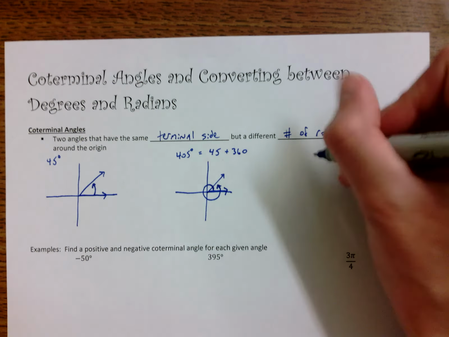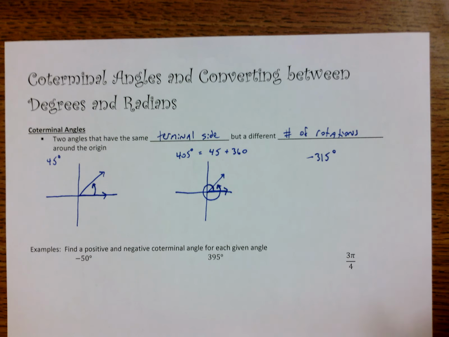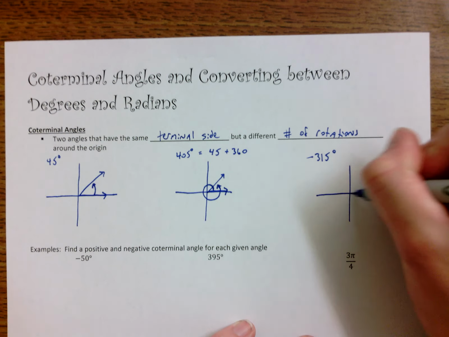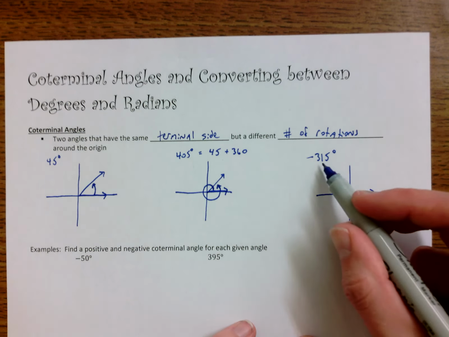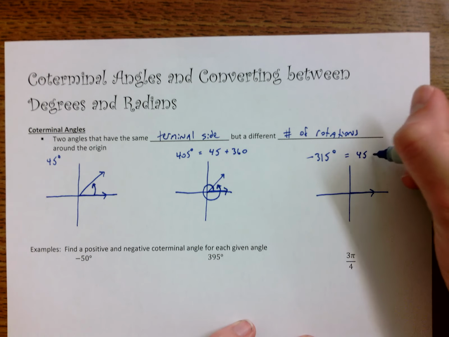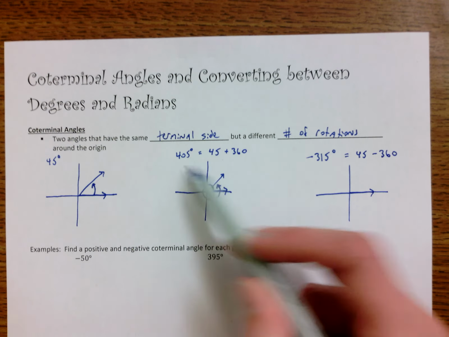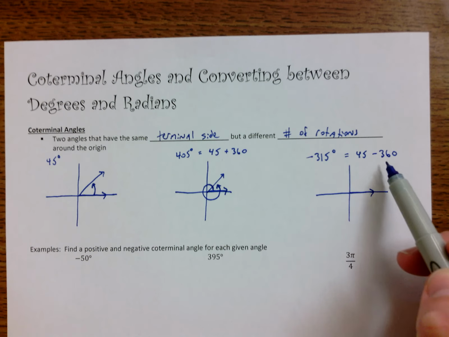Okay, and then another example would be a negative 315-degree angle. Because a negative 315-degree angle would start here, right? And negative 315 degrees is like 45 degrees minus a loop of the circle. 405 was 45 degrees plus a loop of the circle. This is 45 minus a loop of the circle.